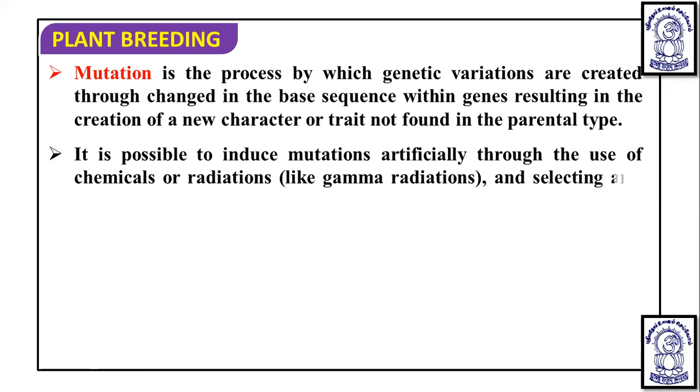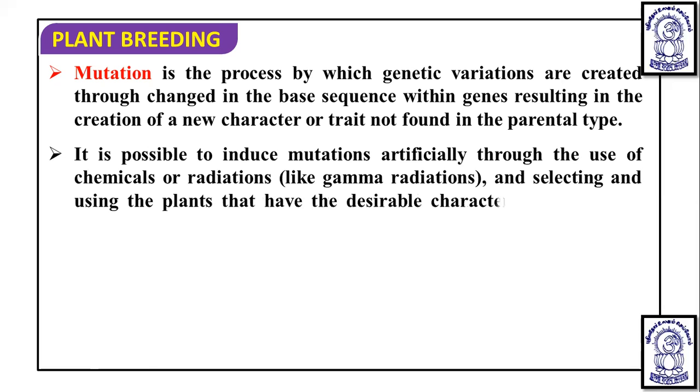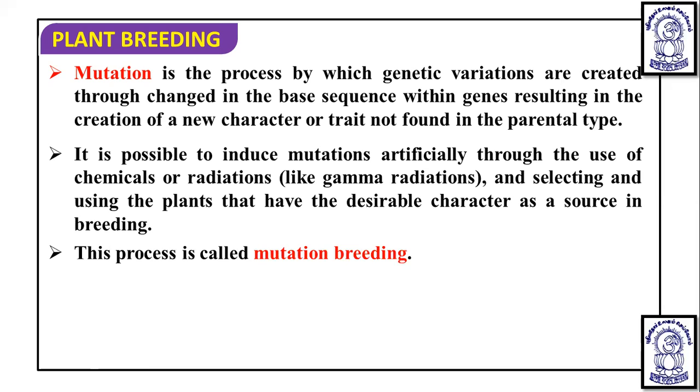Now, it is possible to induce mutation artificially through the use of chemicals or radiation like gamma radiation, and selecting and using the plants that have desirable characters as a source in breeding. So we can produce a mutation artificially by using these mutagens, that is chemicals and radiation. This process is called mutational breeding.